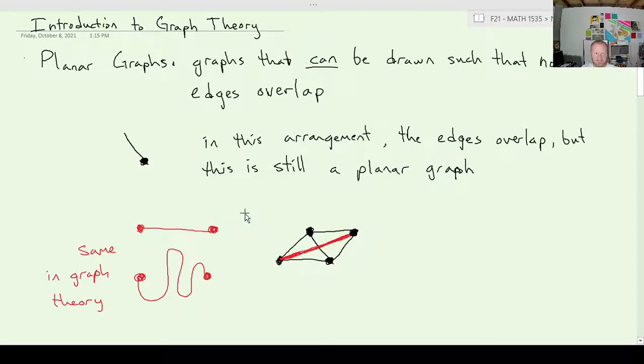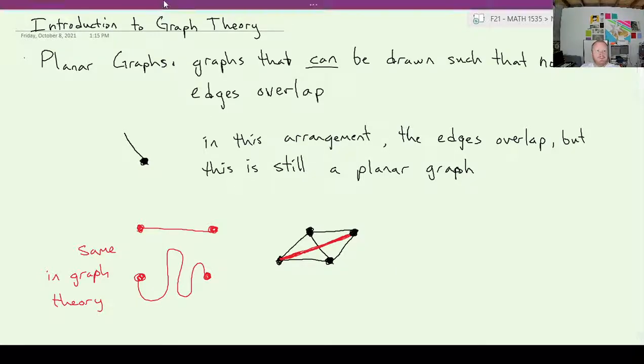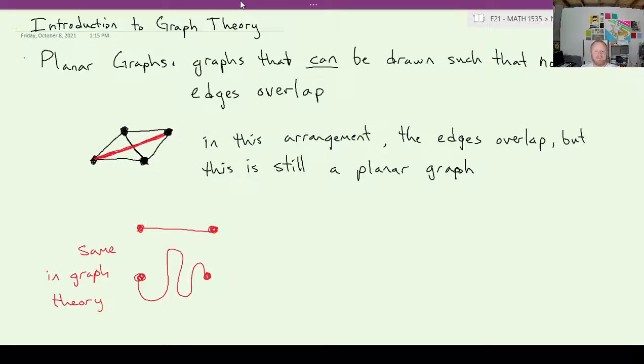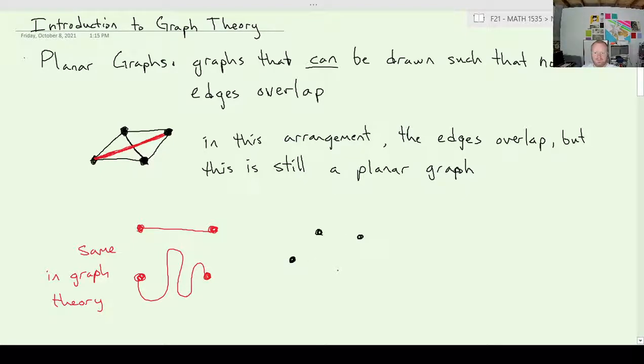Okay, guess not. So we can draw this graph.